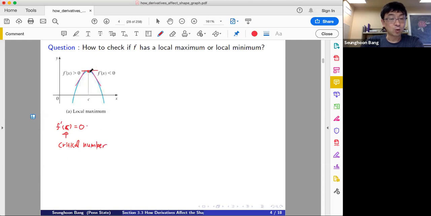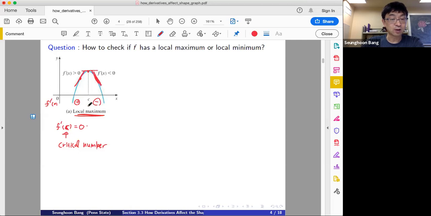One more, we have a local maximum at c. What happens to f prime of x when x is less than c? The slope is positive, right? You can choose an x value here. The slope of the tangent line is positive. When x is greater than c, the slope is negative.